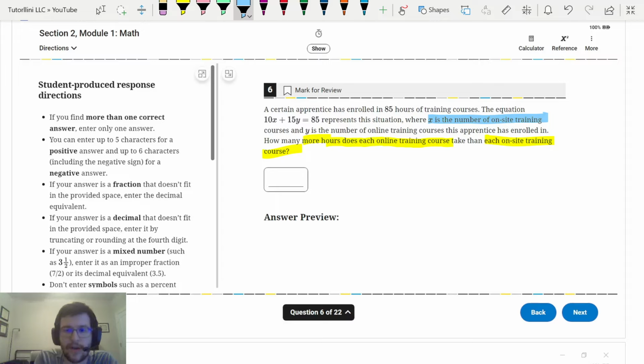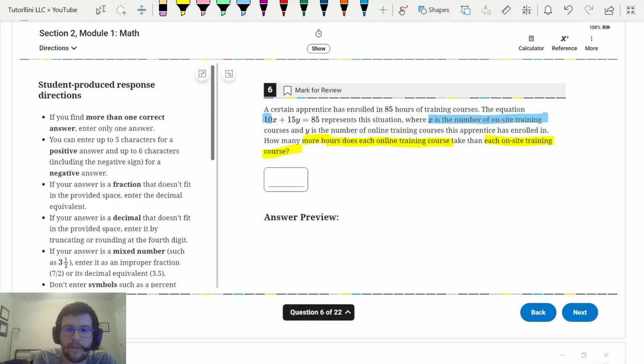The number of hours for each of those is the coefficient, which is 10, because 10 hours per course times the number of courses would give you hours. And we want it to have hours because the 85 is in units of hours.